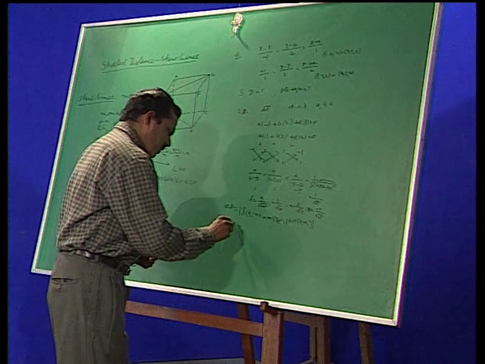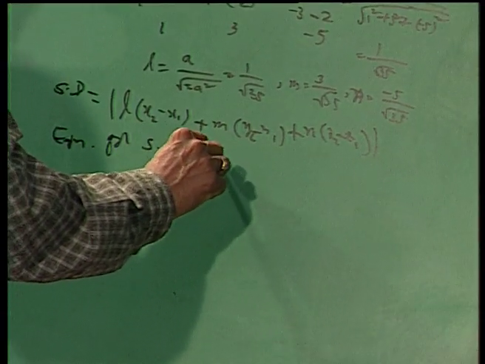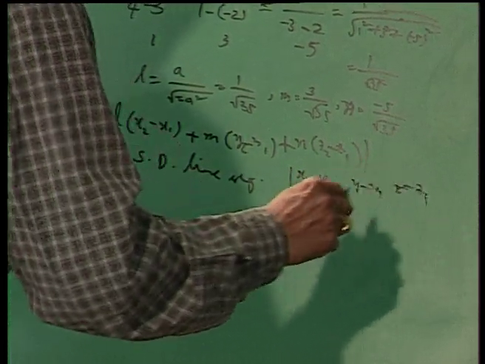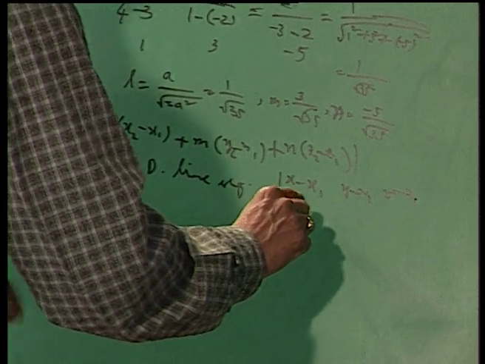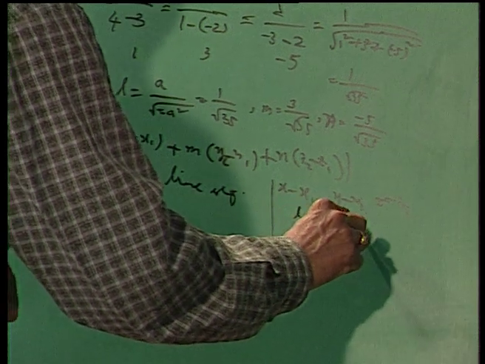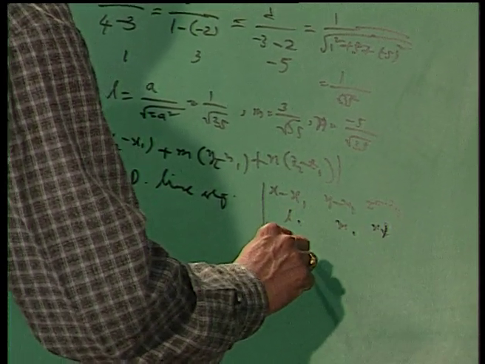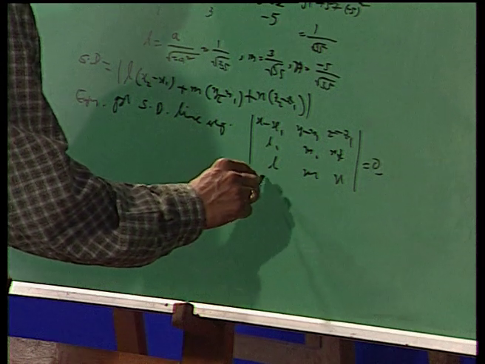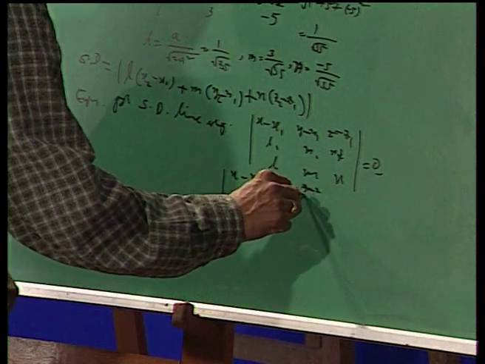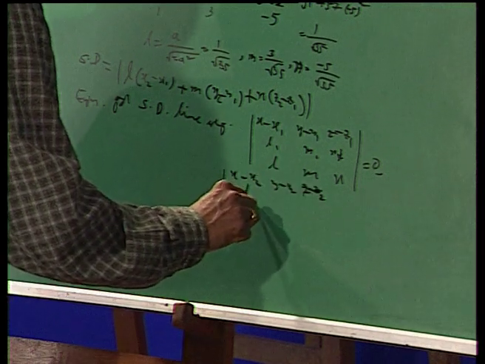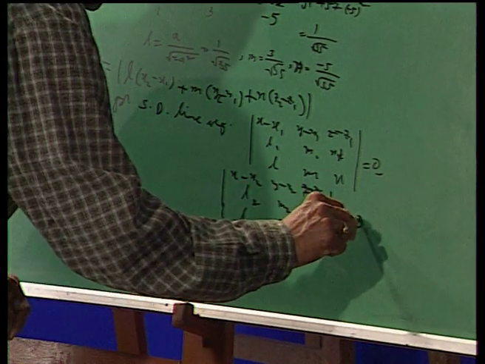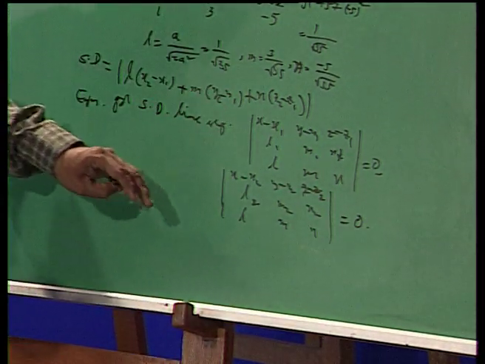The equation for the shortest distance line segment AB is given by the determinant of x minus x1, y minus y1, z minus z1; l1, m1, n1; and l, m, n equal to 0, and the determinant of x minus x2, y minus y2, z minus z2; l2, m2, n2; l, m, n is equal to 0. These two equations together form the equation for the shortest distance line segment.